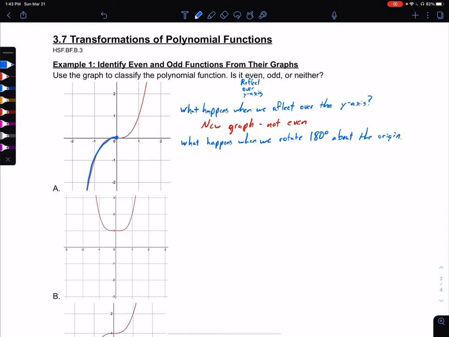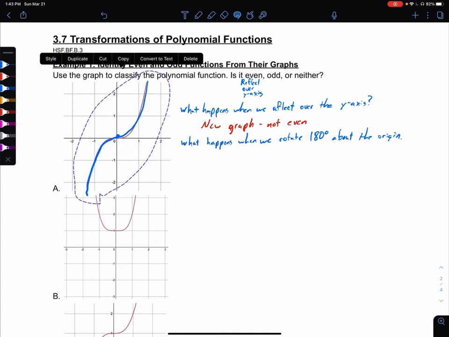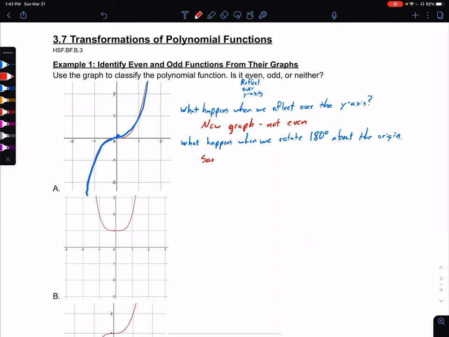If I trace my graph and then rotate it 180 degrees, I wind up with the same graph. So my function is odd.